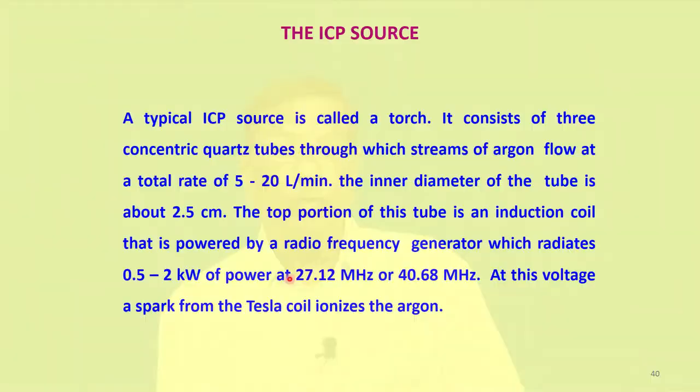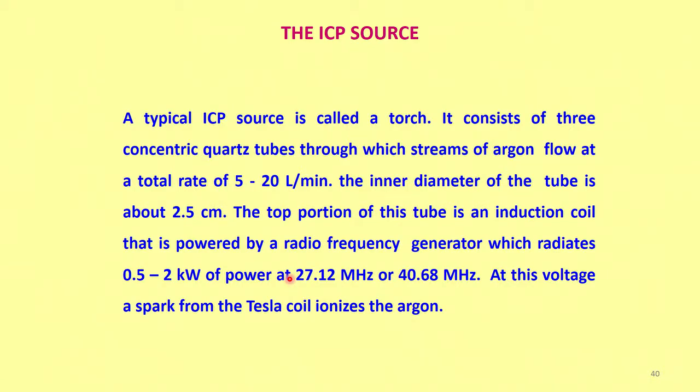So, the inner diameter of the tube, that concentric plasma torch, is about 2.5 centimeter, that is total tube width about 2 to 2.5 centimeter, but the sample will come through a few millimeters. The innermost tube, which carries the sample into the toroidal space of the plasma, will be about 2 mm or maybe even smaller.